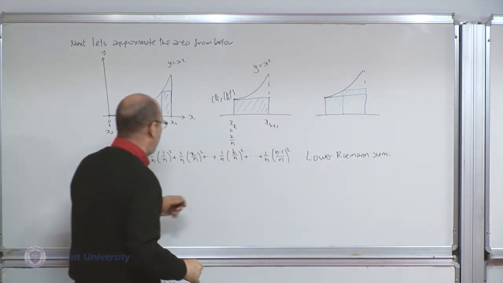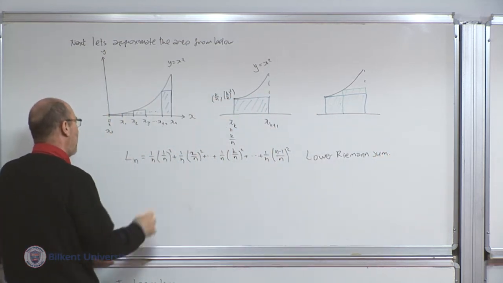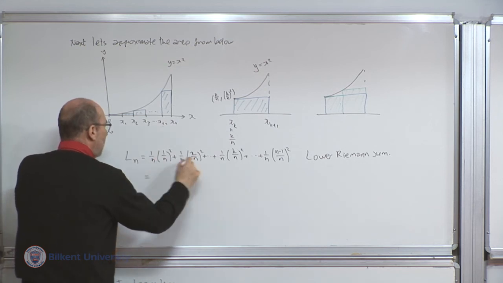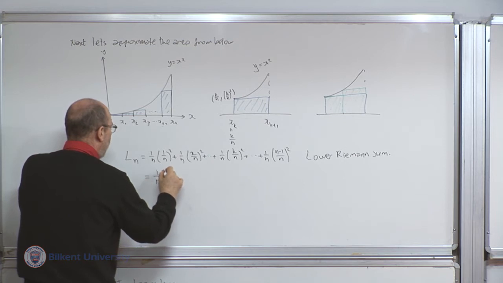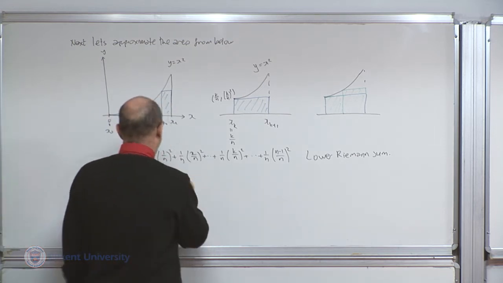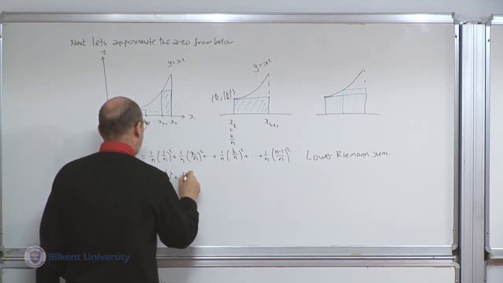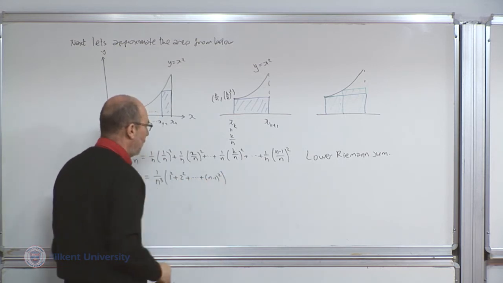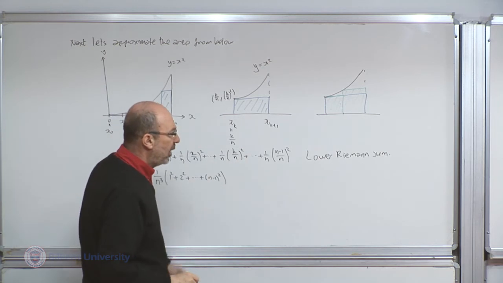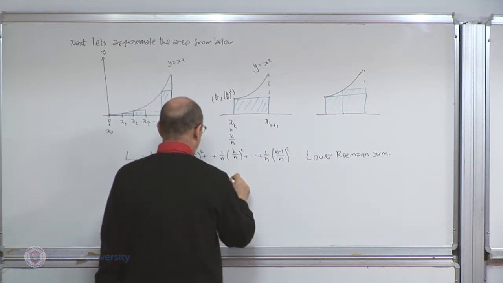Again we want to simplify this, mimicking what we did before. The factor is 1 over n cubed, and what we have here is 1 squared plus 2 squared up to (n minus 1) squared. So we just put n minus 1 into that formula.